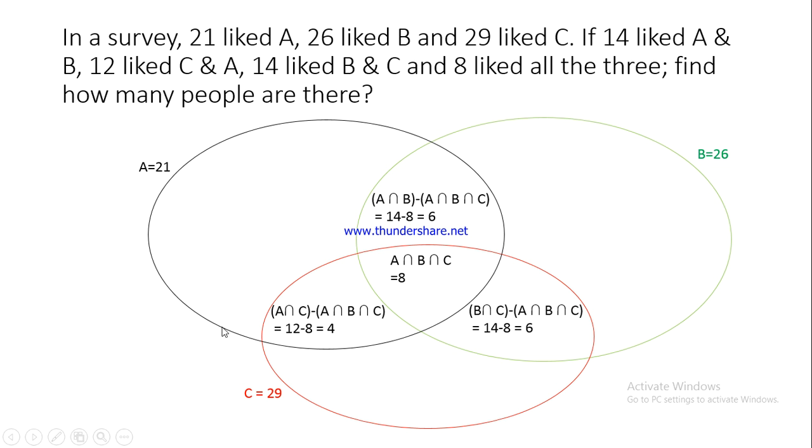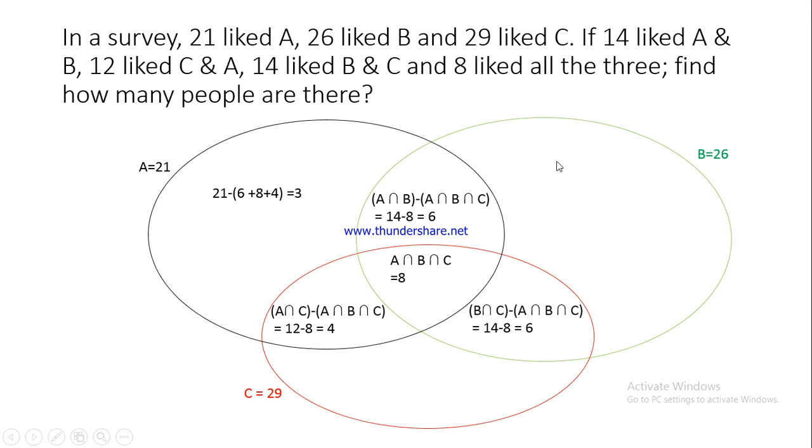So out of this whole circle, these three segments contribute 4 plus 8 plus 6 is equal to 18. So the remaining portion should have a value of 21 minus this portion 18 is equal to 3, and this is what is mentioned here.